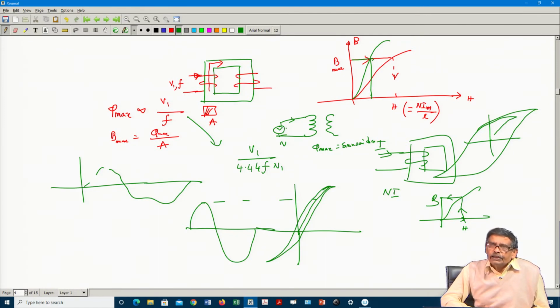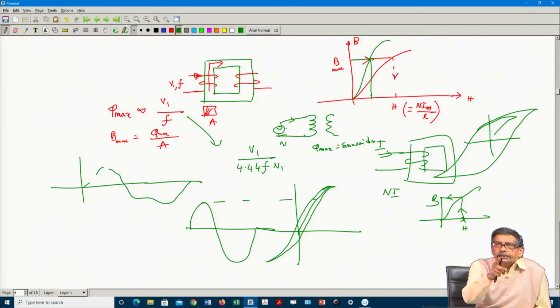Remember that if you assume the flux to be sinusoidal, you must ensure the current in the line, in the winding, must contain a third harmonic component. Is that clear?